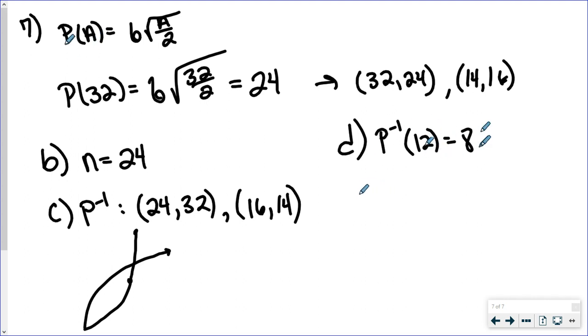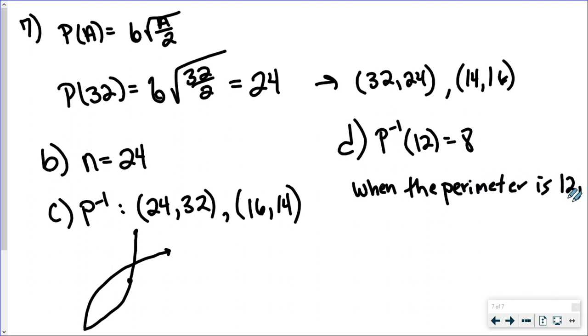All right. So that literally means when the perimeter is 12, the area is 8. Right? It's just going to go backwards, right? This is you plug in area, get perimeter. This is you plug in perimeter, get area. And that is it for number 7.